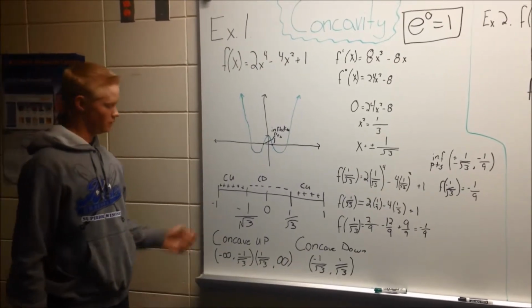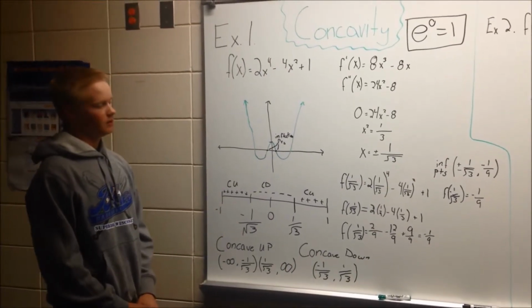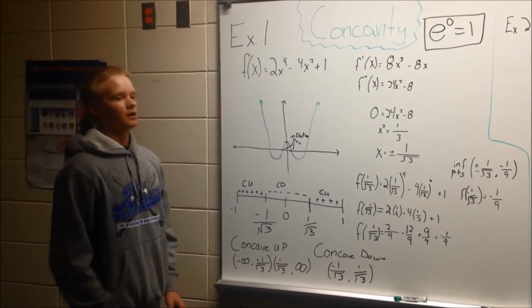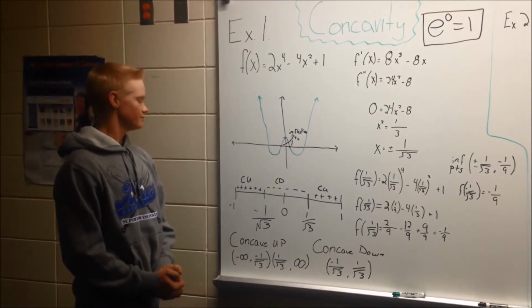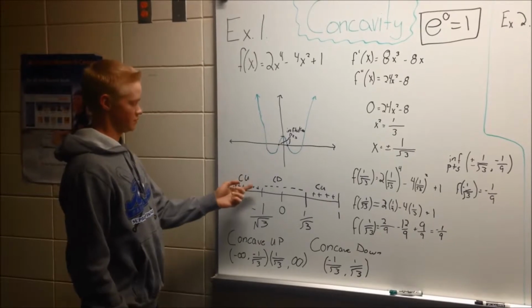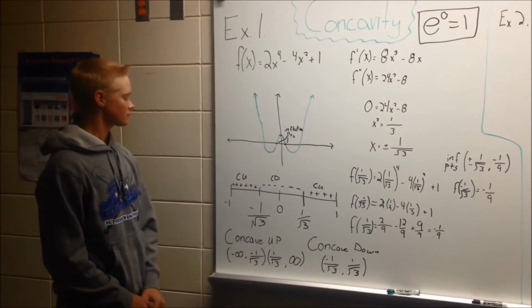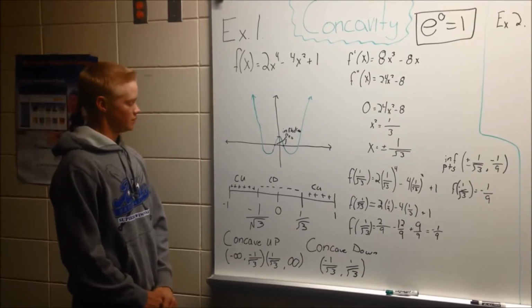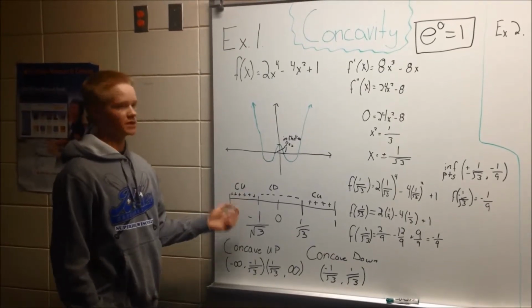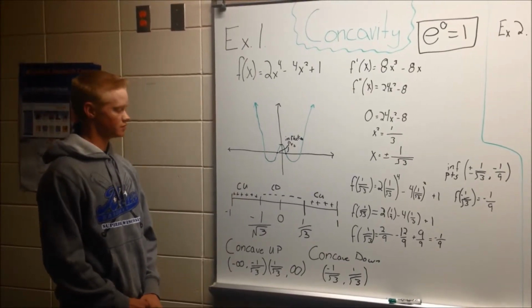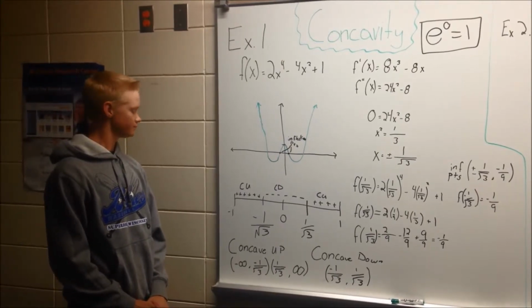And then we had to test if those were actually inflection points, to see if the sign changed from positive to negative or negative to positive. We did that because if the sign did not change, it would not be considered an inflection point.